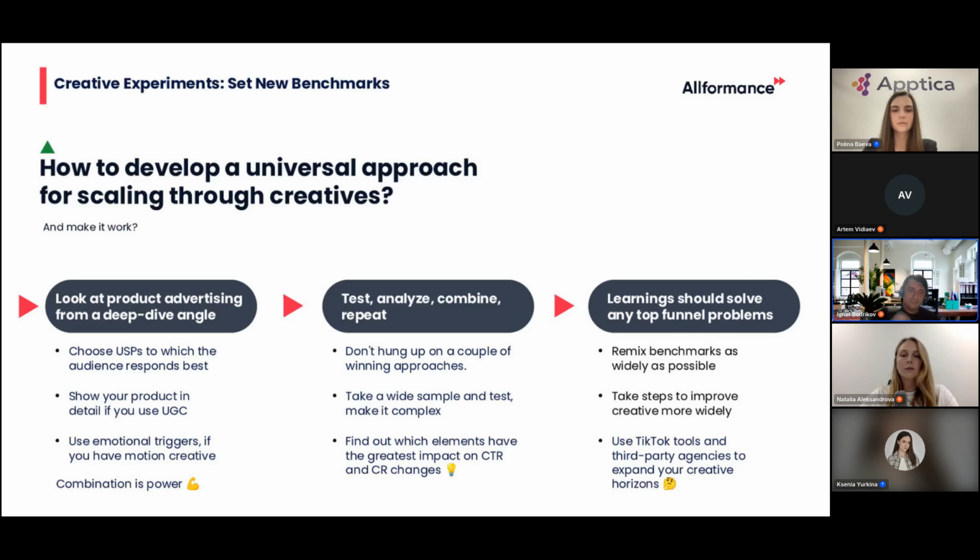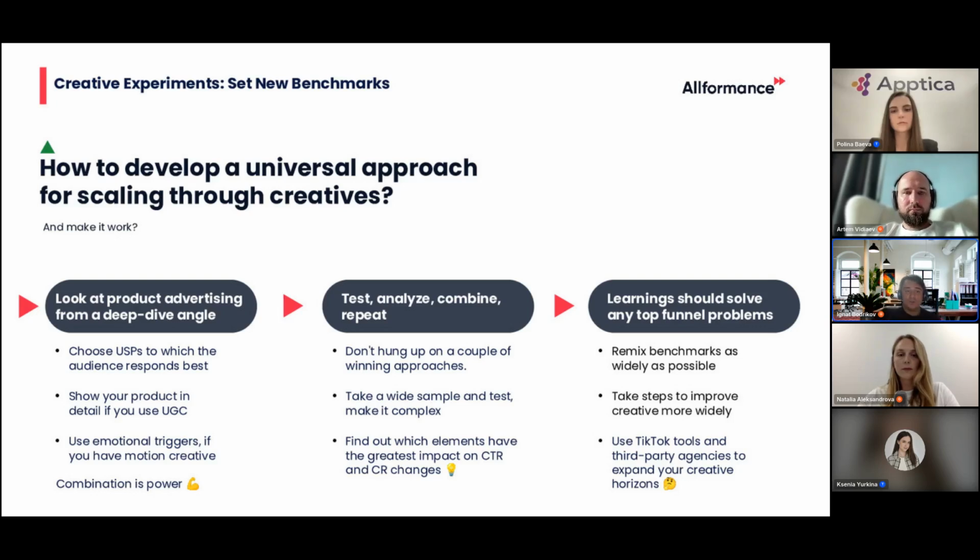For example, you need to choose the USP to which the audience responds best. You don't need to choose the USPs your competitors use on TikTok. You can take them, rewrite and remake them for your product. You need to know that these USPs work best for your product, and then adapt them to your concept.